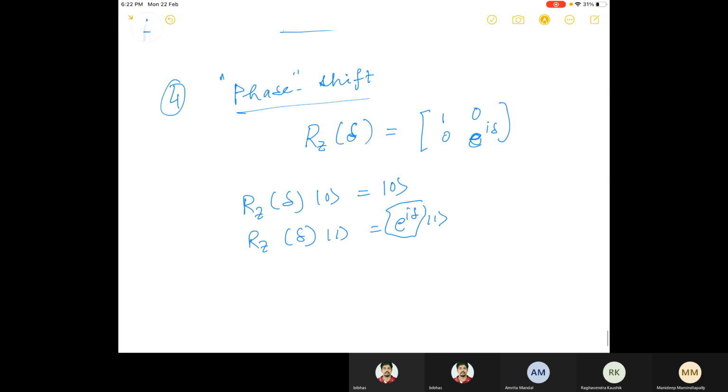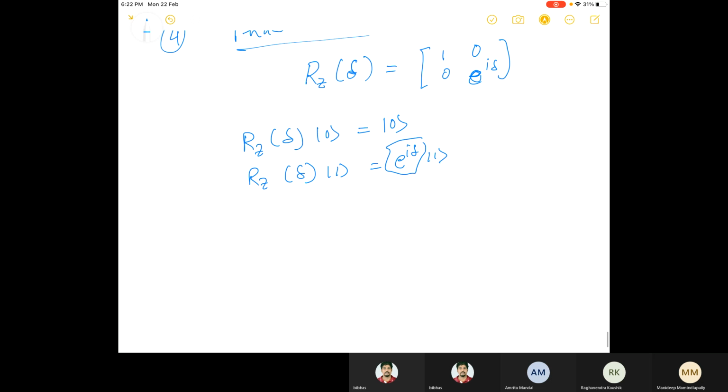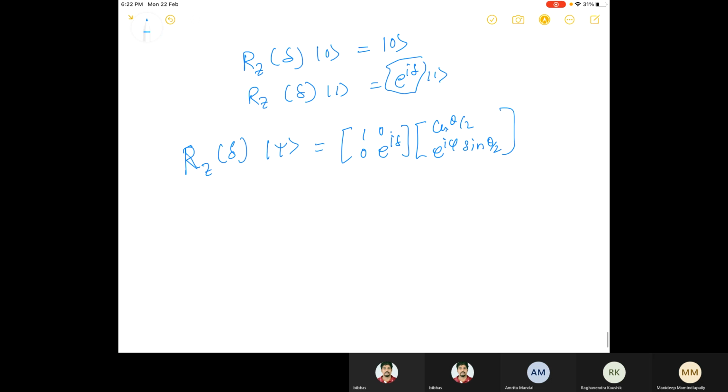But there is a catch. The meaning of this will be clear when you apply it on a generic representation of a qubit. So if you apply this on psi, where psi is a generic qubit, cos theta by 2, e to the power i phi sine theta by 2, then what is happening?